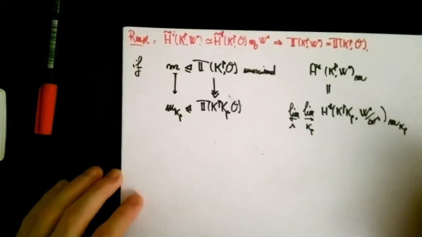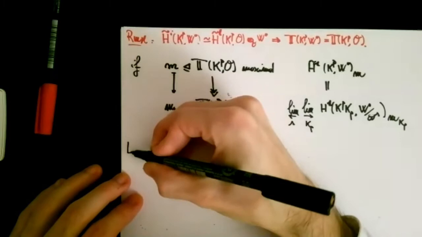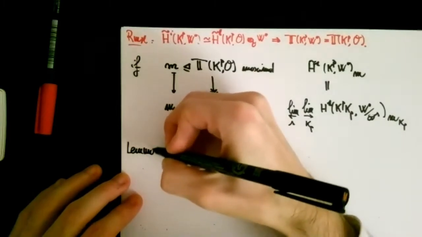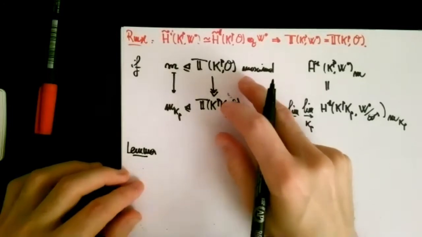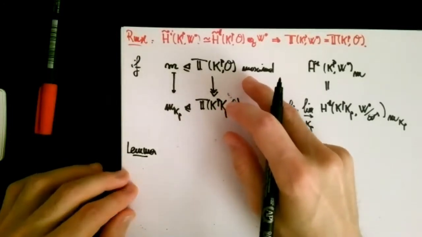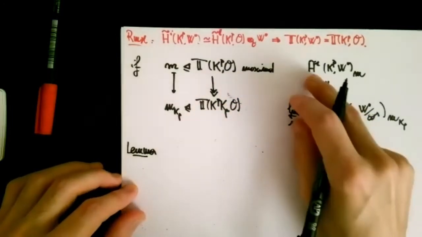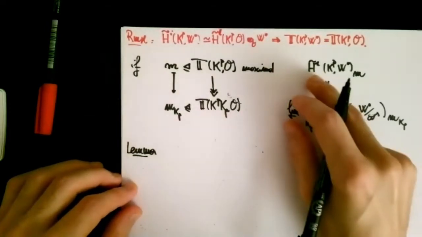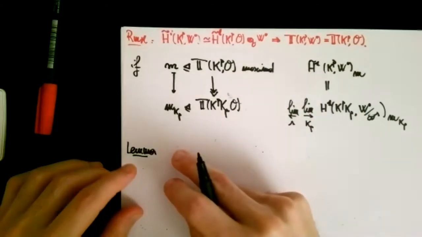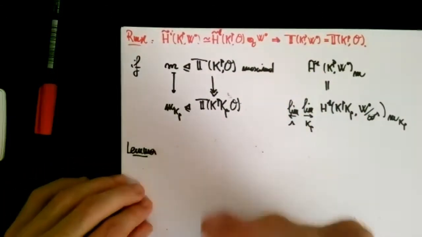And what is important to remark is the following lemma, that this Hecke algebra at infinite level is pi torsion free. Well, this is just because the H1 is pi torsion free. It's a unit ball in a Banach space. It is reduced and is semi-local.